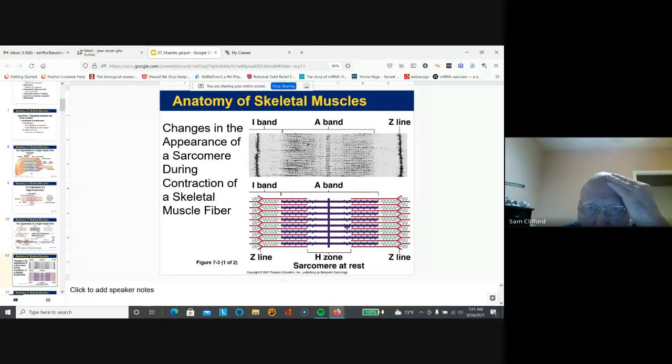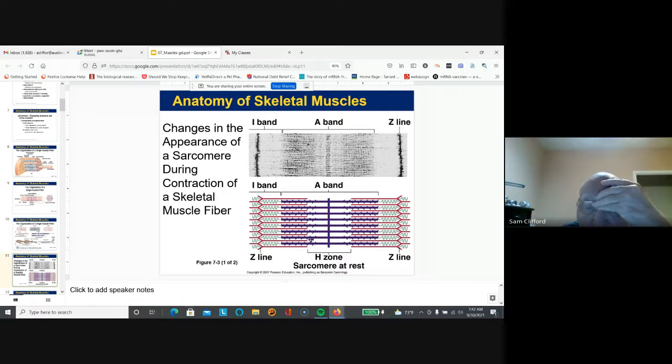So let's take a closer look at the sarcomere. Sarcomere is, again, Z line to Z line. The actin is connected to the Z line, and the myosin is held in place at the H zone by the M line, and this is the sarcomere at rest. Notice the position of the actin, and the myosin has these myosin heads.